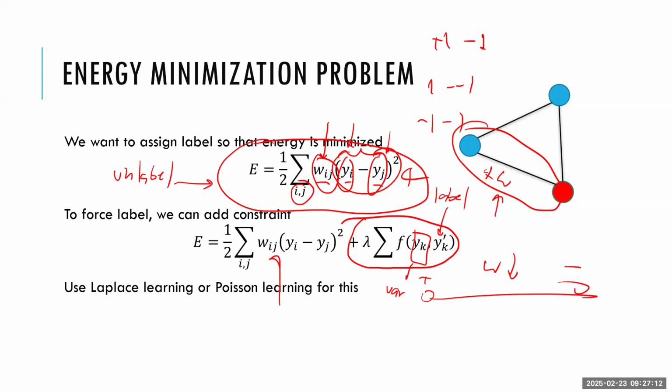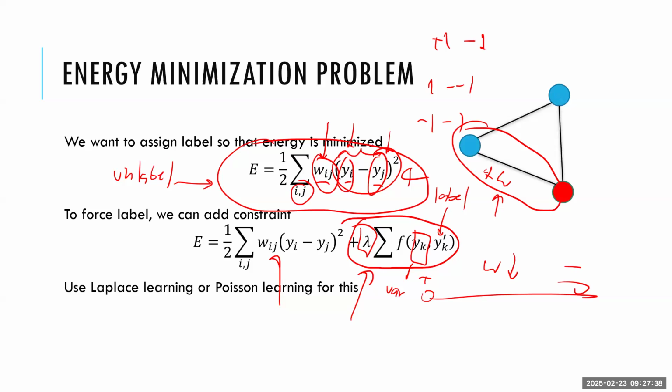Everything is a pseudo label, but if that data has the true label, it's going to contribute to another error. If the pseudo label is different from the actual label, you add some penalty. And then you have this lambda to control how strict you are by forcing the label.